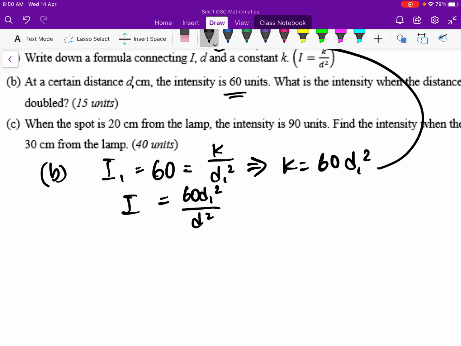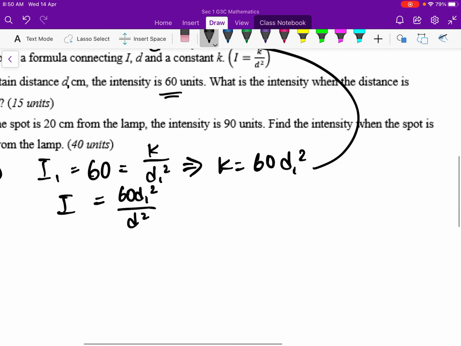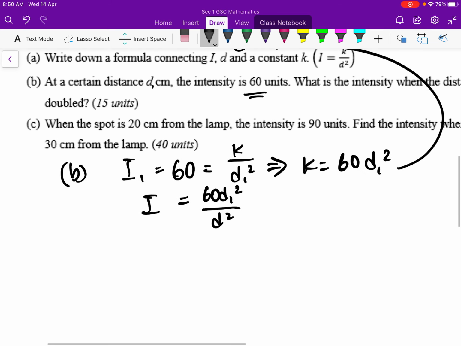Okay, now they want to find the intensity when the distance is now doubled. So intensity new. We had the original reference one, now we have a new one. You can call it I2 if you want to, but I stick to my convention. So 60 d1 squared, that is the constant value that we found out, divided by the new distance squared.